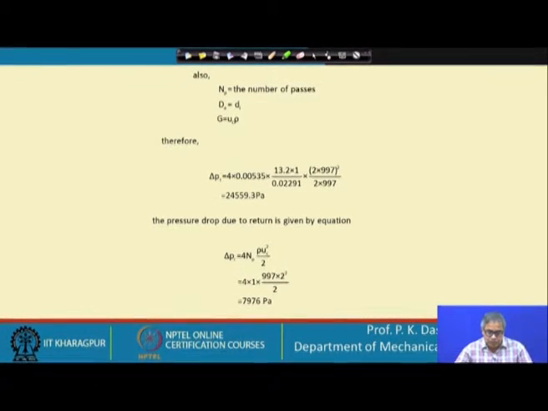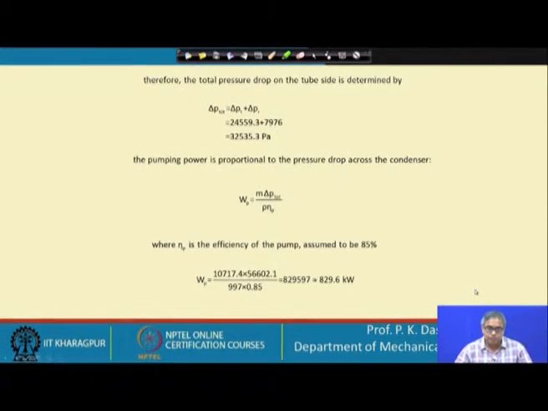Then the pressure drop due to return is given by this equation, and here there is only one pass, so we will get this kind of an equation. Basically, the pressure drop through the tube and the pressure drop through the return can be combined together to get the total pressure drop. From the total pressure drop the pumping power can be determined: M into delta P total divided by rho and the efficiency of the pump.